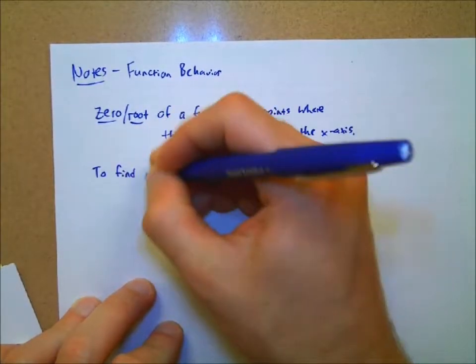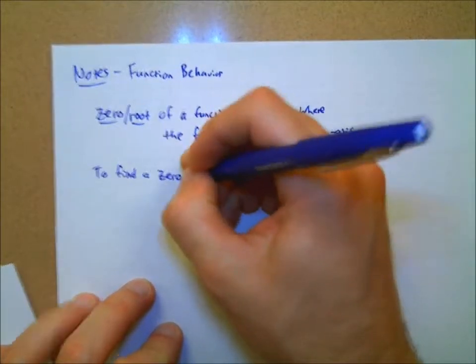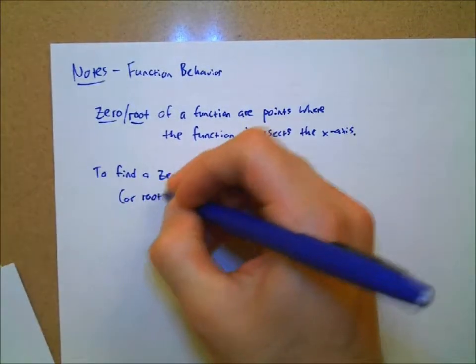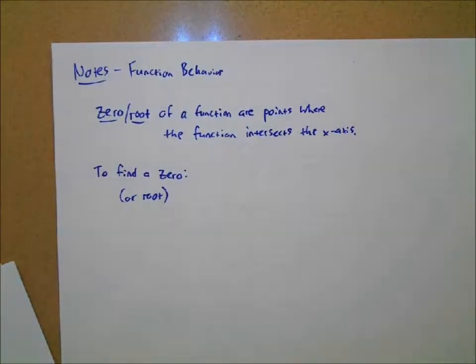All right, to find a zero or root. Well, if we know it's where the function intersects the x-axis, what's always true about a point on the x-axis? The y value is 0, right.